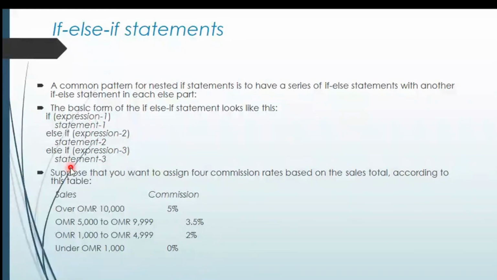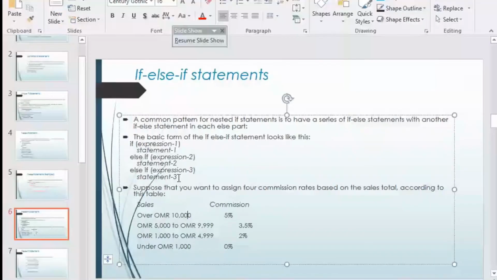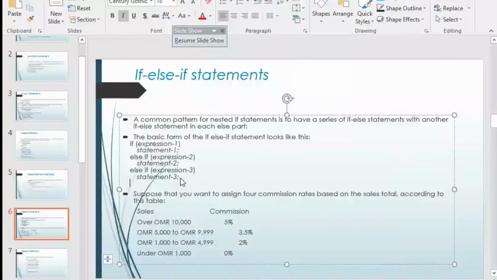Otherwise, there can be an else option here, then the else statement is going to be taken. Let me revise that. This should have a semicolon, this should have a semicolon, this should have a semicolon. If none of these is true, then I'll have else, in small letters. You take the statement for else.